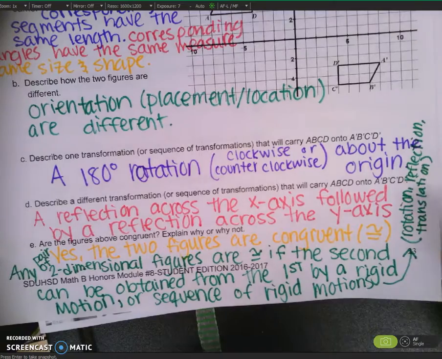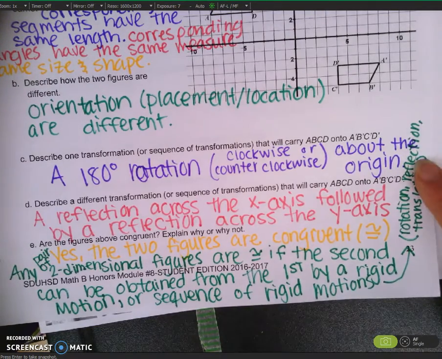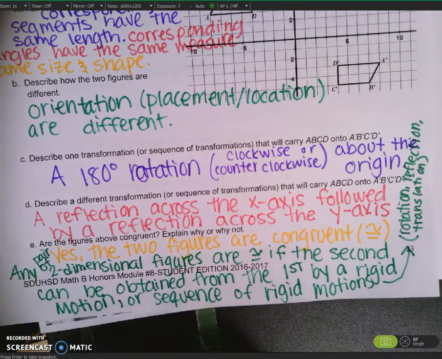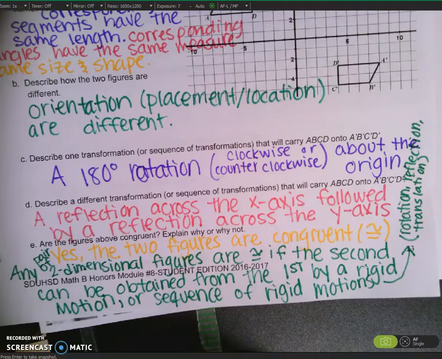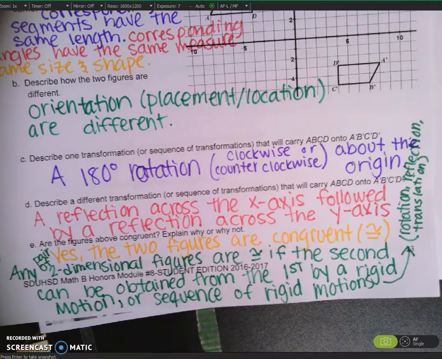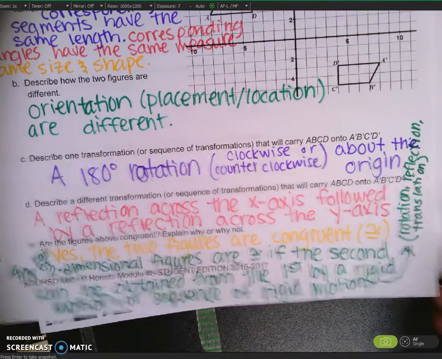And that includes any combination or single rotation, reflection, or translation. Again, any pair of two-dimensional figures are congruent if the second can be obtained from the first by a rigid motion or sequence of rigid motions, which are rotations, reflections, and translations.